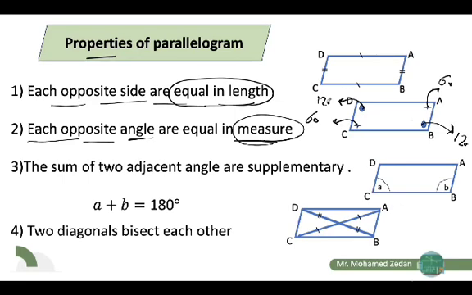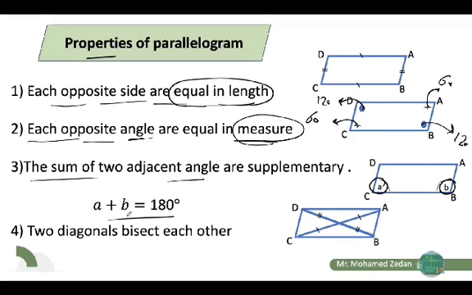Property number 3 is about the two adjacent angles. The sum of two adjacent angles. Angle B and angle C are adjacent. Then the sum of the two adjacent angles is supplementary. What's the meaning of supplementary? As we took in the first term, it means A plus B equals 180.